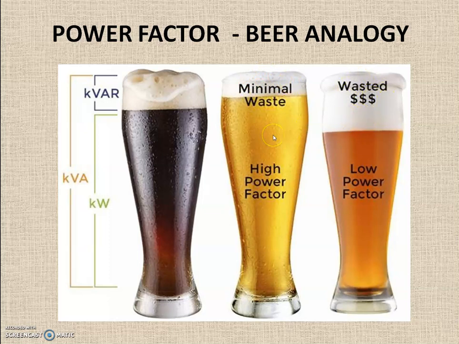So in this case wastage is minimum, but in this case wastage is high. So the power factor will be high in this case and low in this case, because you are dividing the actual by the maximum. So that is an analogy for power factor. Thank you.